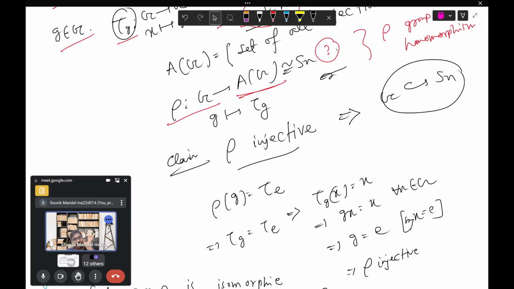This is one thing, and secondly, you must have heard about Sylow theorem, class equation, etc. Those are actually coming from this group action, from this conjugation action. That's why conjugation is important. And you must have heard about Cauchy theorem, which also comes from the conjugation action, and the conjugation action has very important corollaries.